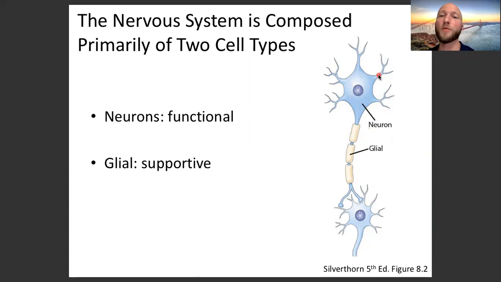In this video, we're going to cover the different cells and some characteristics of them within the nervous system. So, we have the nervous system as a whole. There's two main types of cell within the nervous system. There's the neuron. The neuron is the famous one. The neuron is the one that sends those electrical signals over a long distance.